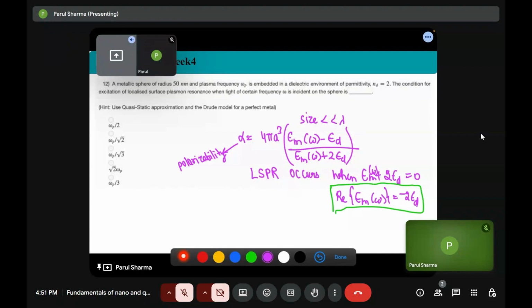Next, epsilon m of omega is equal to 1 minus omega p square by omega square. So setting it equal to minus 2 times epsilon d gives this condition, and omega is equal to omega p by root 3.